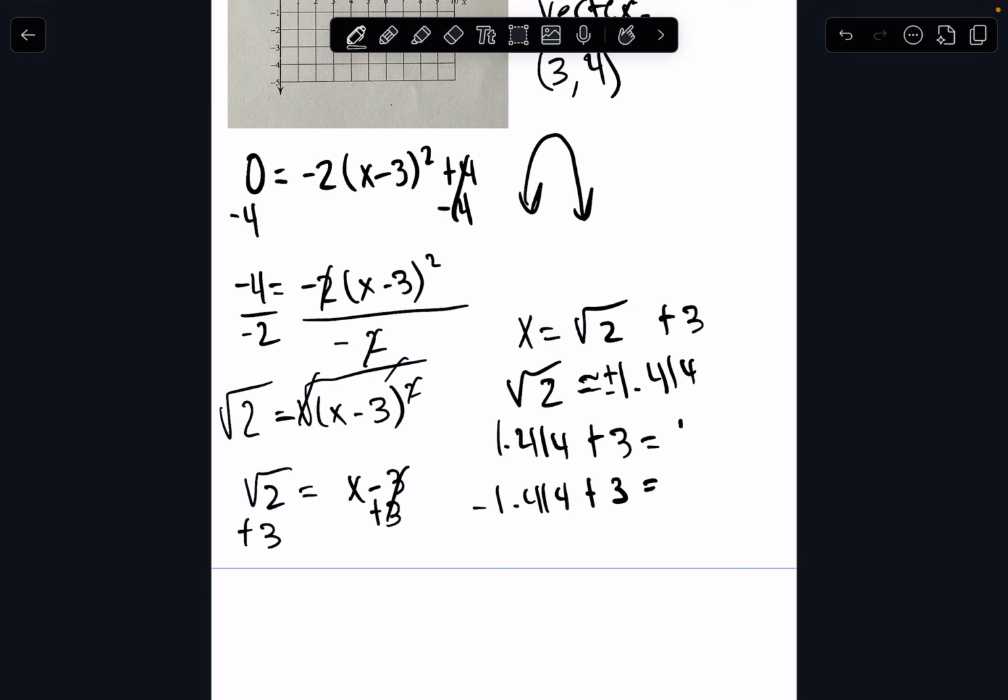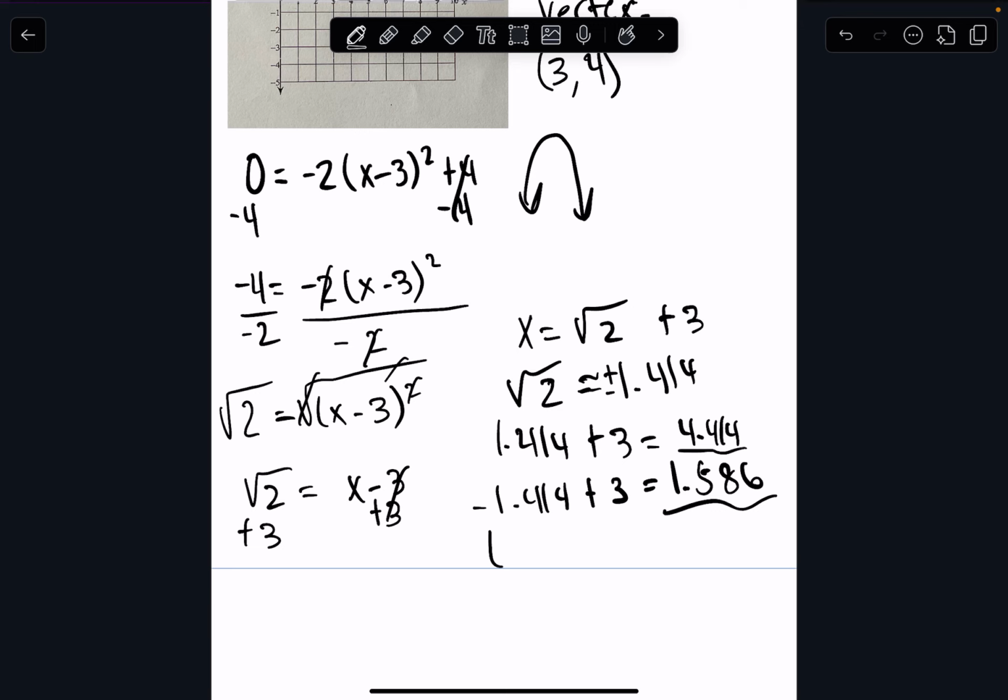And this will give you 4.414, and the other one is 1.586. So these are going to be our two numbers here, and those correspond with coordinate points.